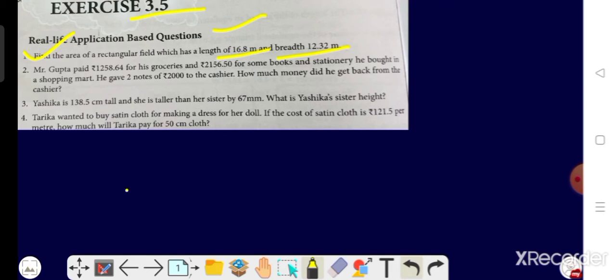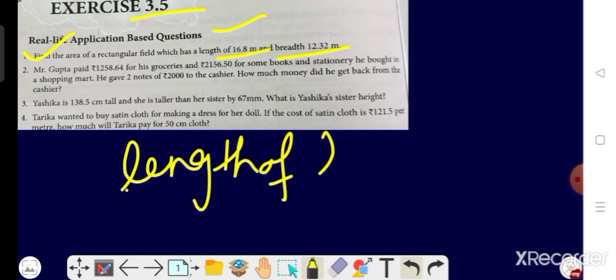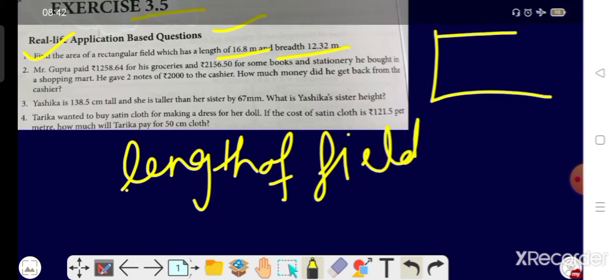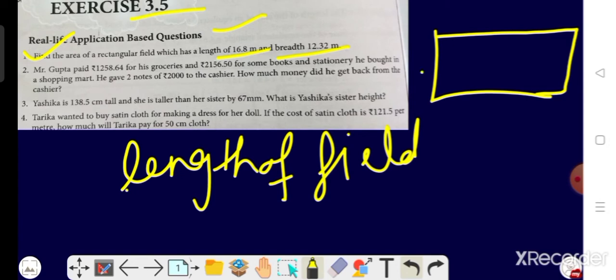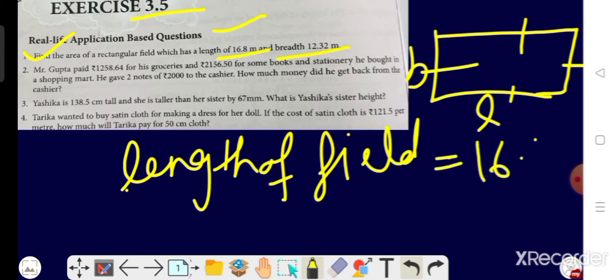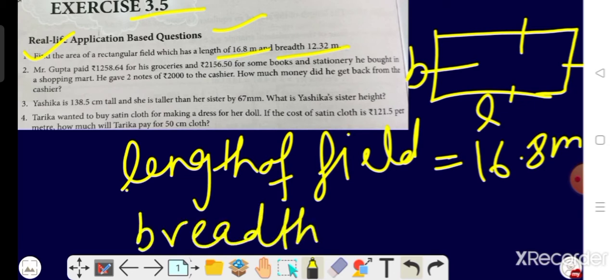So here we have been given the length of the field, and the field is rectangular in shape, and rectangular shape means opposite sides are equal. This is our length and this is our breadth. So the length of the field is equal to 16.8 meter and the breadth of the field is equal to 12.32 meter.